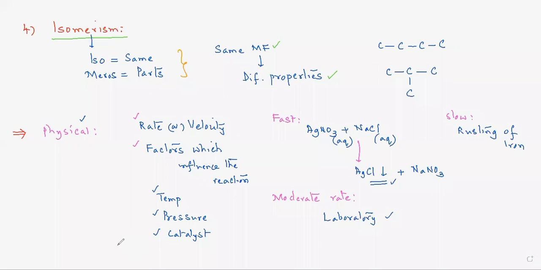Like that, there are so many things which affect the yield, the productivity of a reaction. Suppose there is a reaction which gives you only 30% yield, 30% of the product. Then how to increase the yield or the productivity? How can we increase that to 40% or 50%? Either by changing the temperature or by changing the pressure, I mean either by increasing or decreasing, or using some catalyst. We can, of course, increase the yield of the reaction.